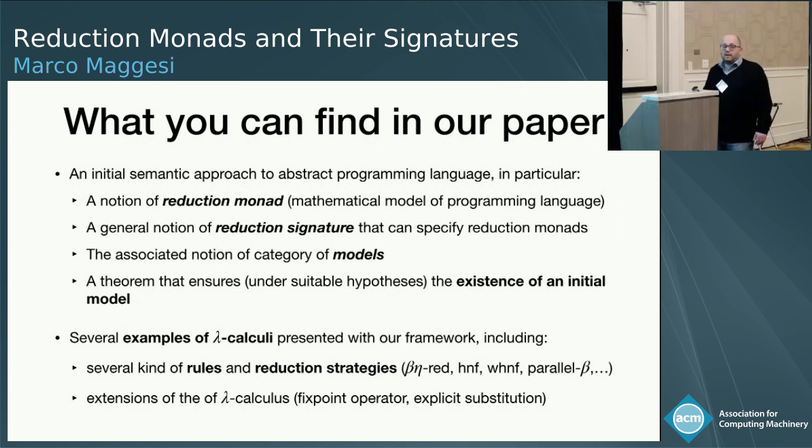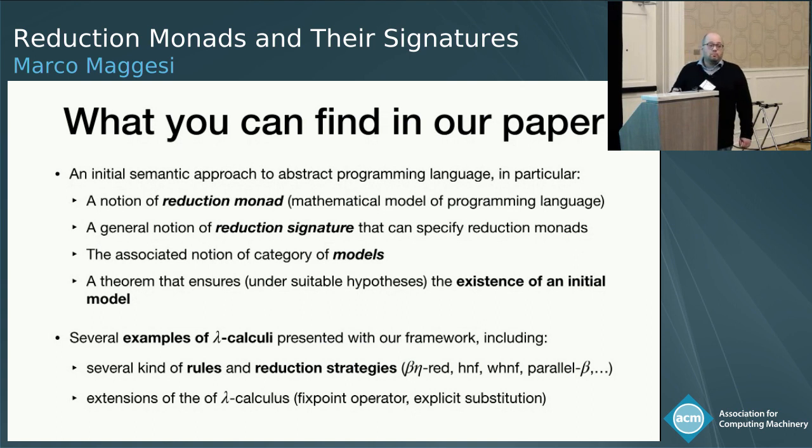And of course, we have the classical rules like beta eta reduction, head normal form, weak normal form, and parallel beta, etc. And the second class of examples is about extensions of the lambda calculus.